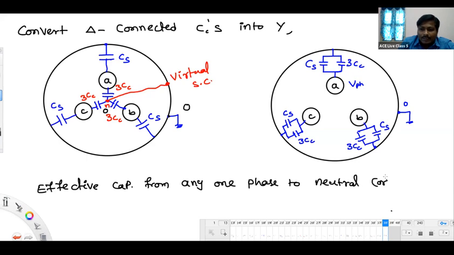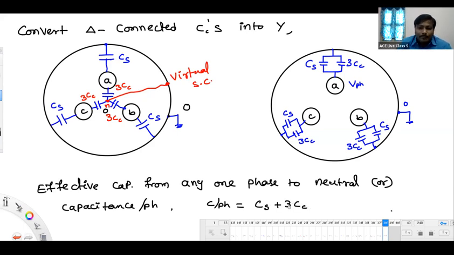C per phase equals the parallel combination of CS and 3 CC, so it is CS plus 3 CC.